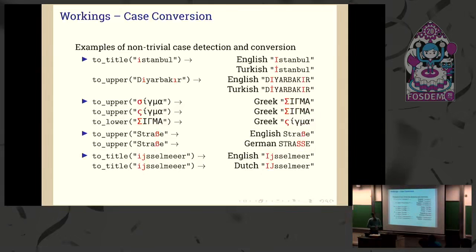With previous spell checkers, this was usually implemented with specific exceptions, and this information is contained in the Unicode library, the ICU library. So we use that instead of all specific kinds of exceptions for supporting all different languages.